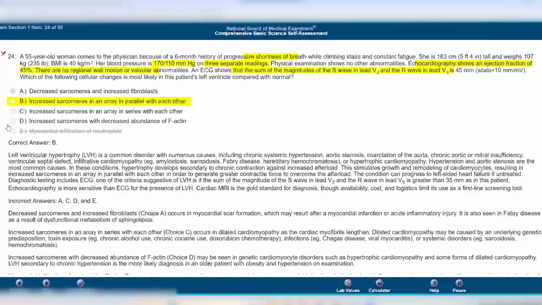It's going to be in disarray, right? There are probably other words associated with it, but HOCM from a pathological standpoint is disorganized. The fibers are very disorganized. So just so you know.